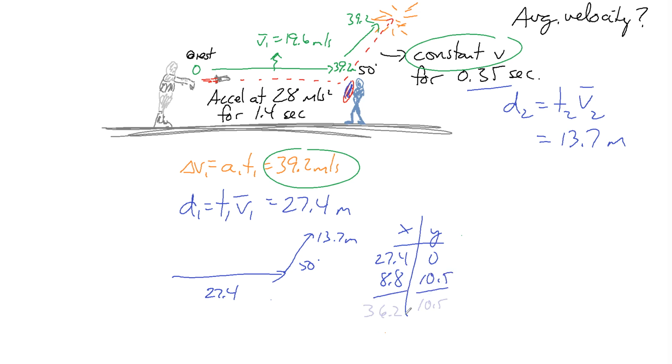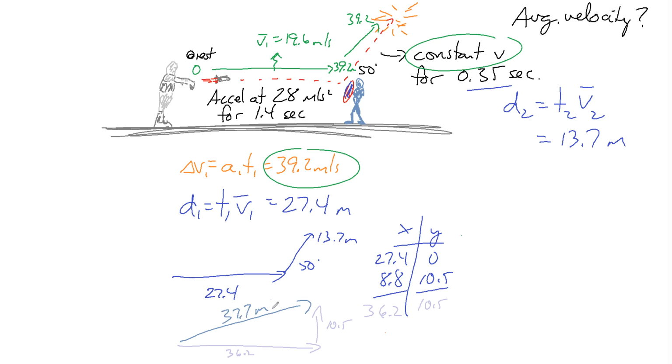Okay, so now that I've got my total X's, my total Y's, I'll make my new triangle. So my total X was 36.2, then it went up 10.5, and then I will solve for the hypotenuse, which goes all the way across, something like this, using my Pythagoras and my trig. So if I take those two measurements and I put them together, I will get a hypotenuse of around, not too bad, it's 37.7 meters.